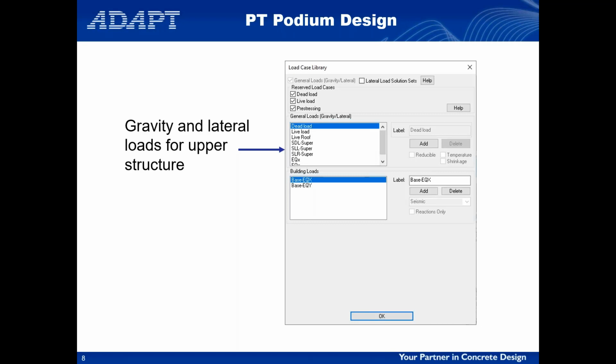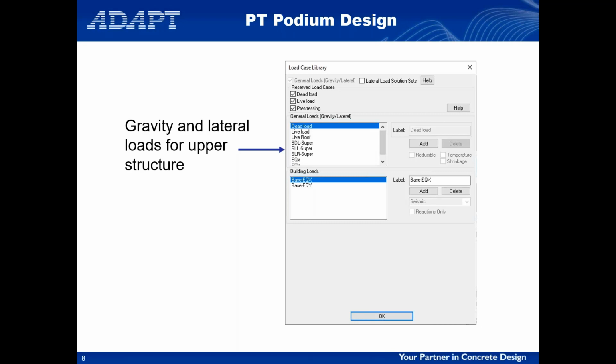You will also see the EQX and EQY listed at the bottom of that list. In this case, the shear wall couples, as well as the base shear from the superstructure, would be defined as either EQX or EQY, applied as general loads on top of the podium slab.